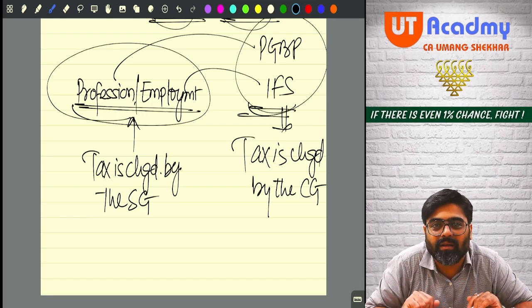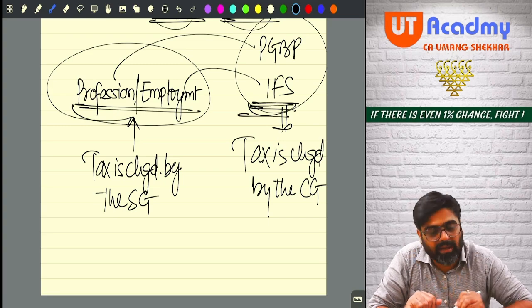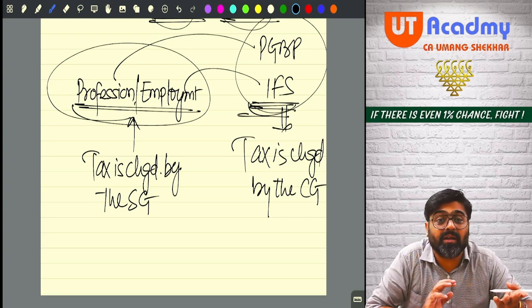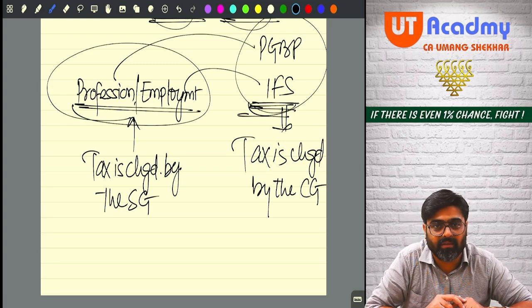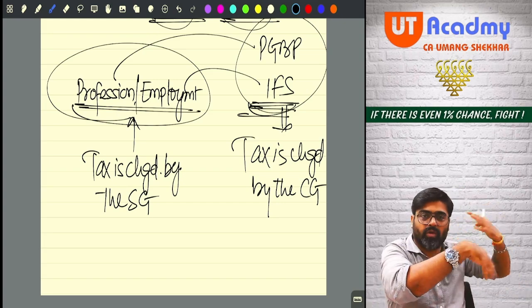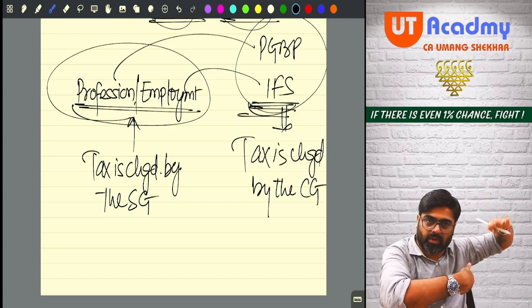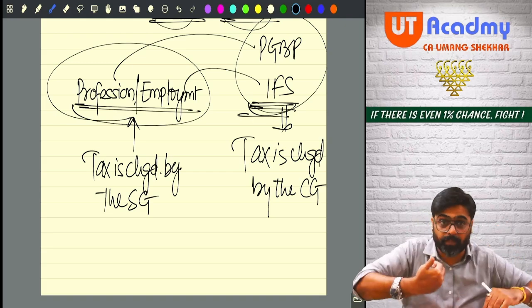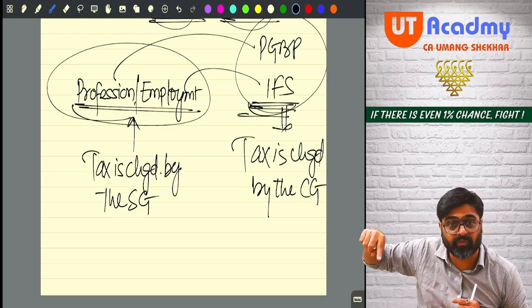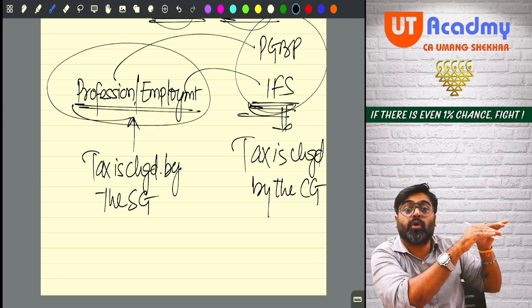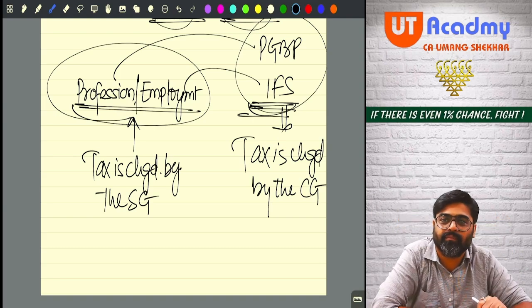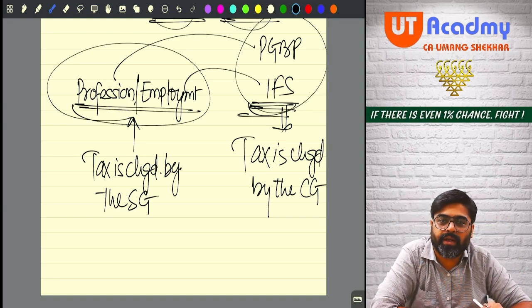So income from salary is chargeable under the Income Tax Act. When you are calculating your salary income, out of this salary income, whatever tax you have paid to the state government in the form of professional tax, take the deduction of those taxes out of your salary income. Got it?